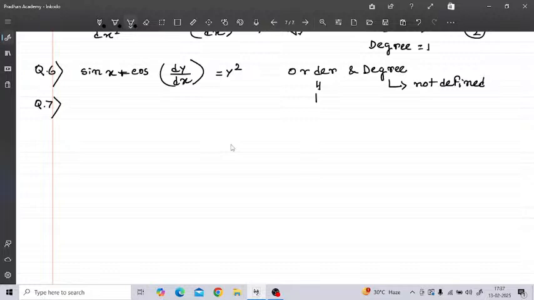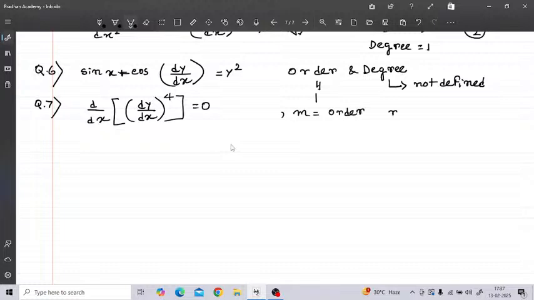Question number 7. That's an interesting question. It is given that d/dx of (dy/dx) whole to the power 4 is equal to 0, and m is the order and n is the degree.